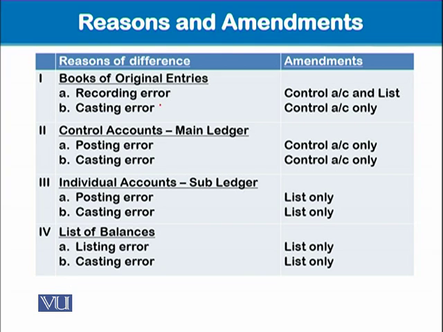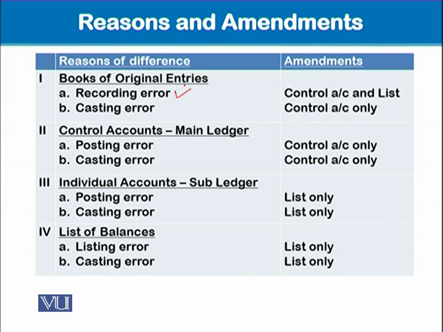errors. Supposedly, I have made 4 sections. Just concentrate on the first section, which is about books of original entry. What type of issues can arise? One issue is that there can be an error in recording the transaction in the book of original entry.